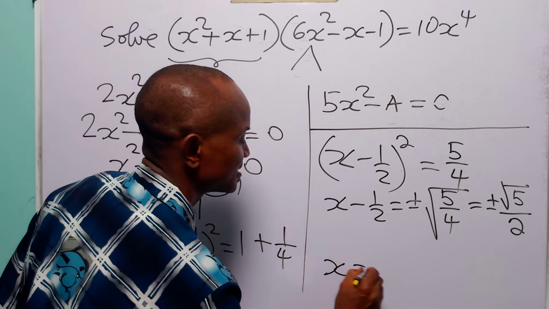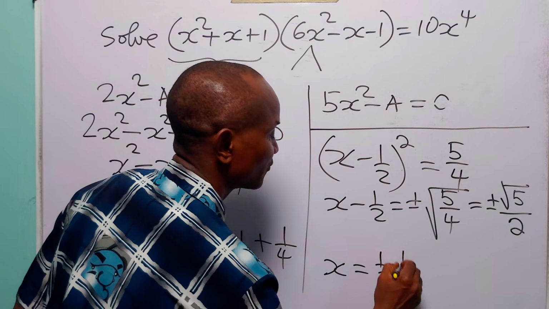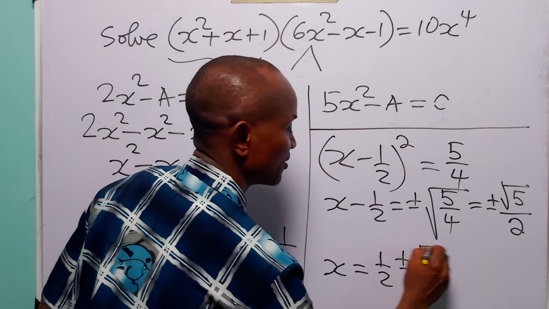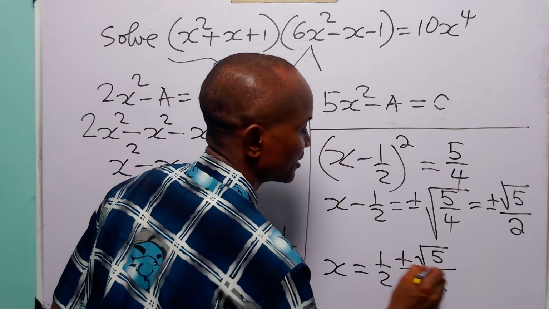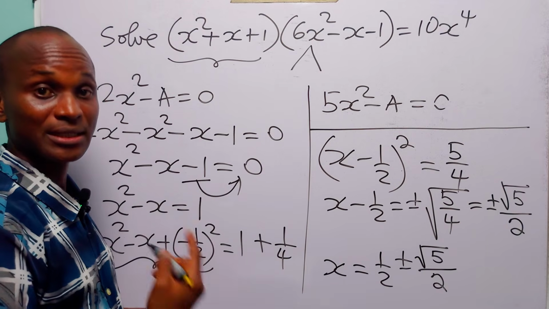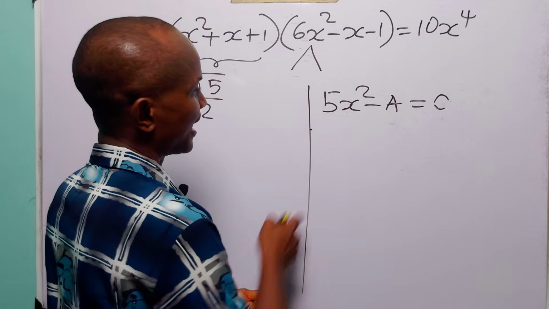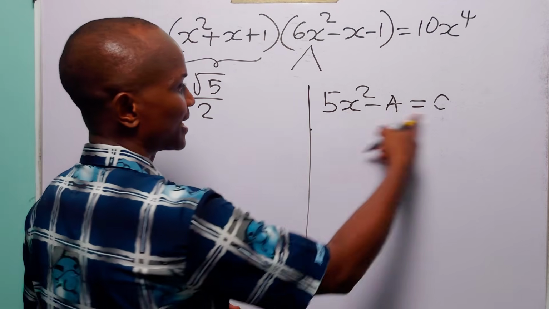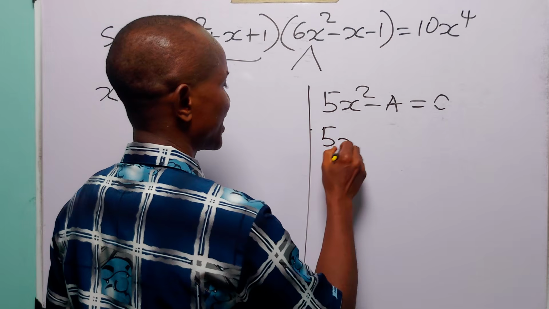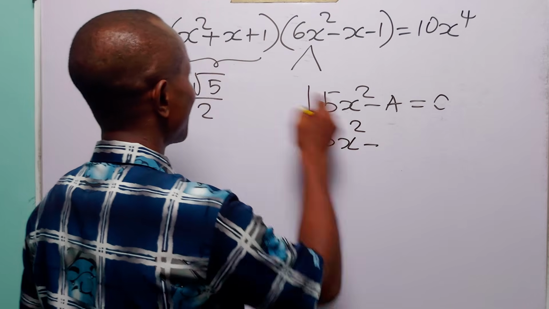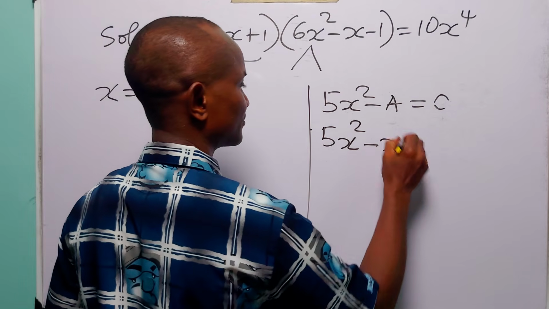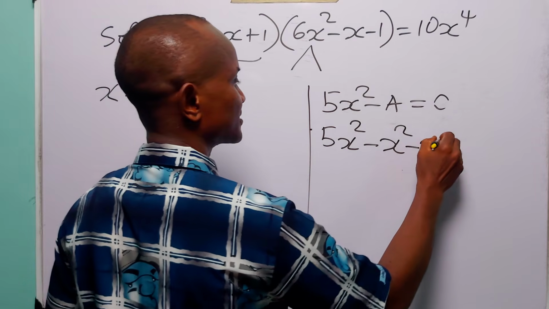We have that x is equal to half plus or minus root 5 over 2, which of course is the golden ratio.